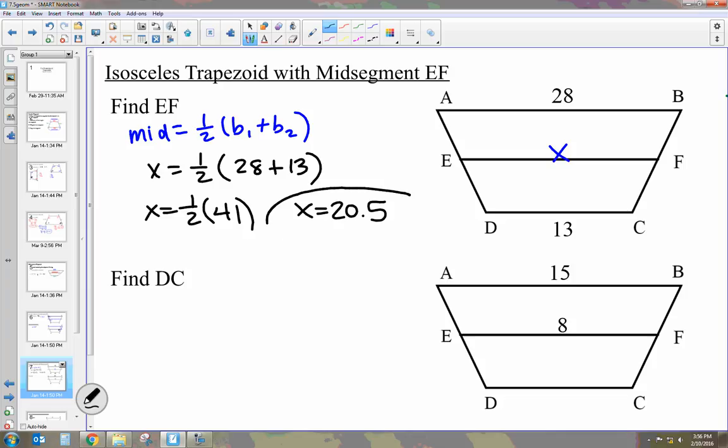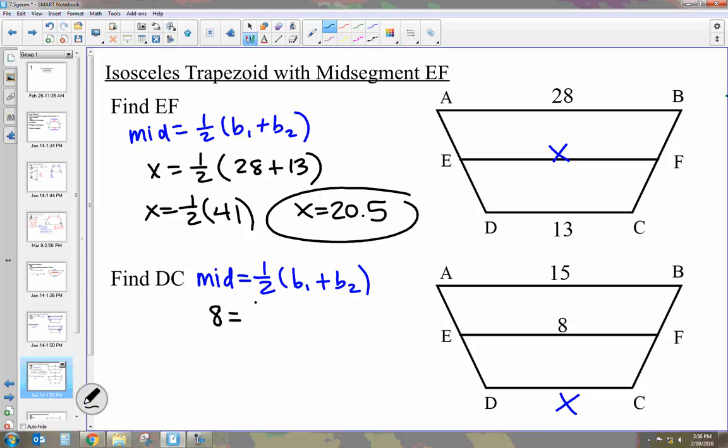Now be very careful when setting up the next one. We're finding DC for this one, so I'm going to put an x at DC. I'm going to write down my midsegment formula. Midsegment equals 1/2 times base 1 plus base 2. But this time they give us the midsegment, so I'm going to plug in 8 for the midsegment, which equals 1/2, and our base 1 is x, and our base 2 is 15.